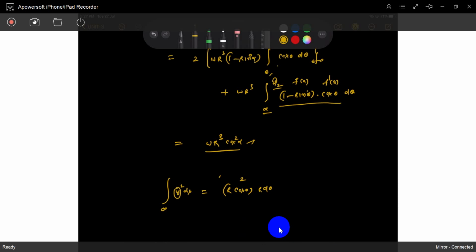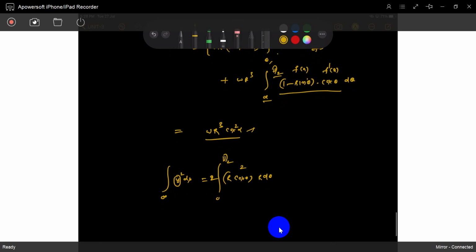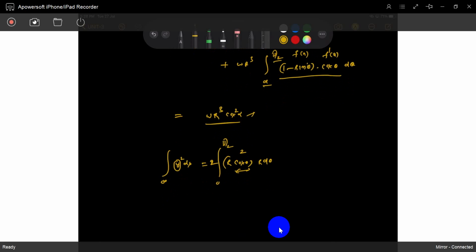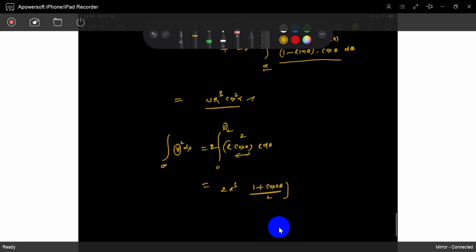Integration of 0 to pi by 2. So this is cos square theta. Previously we solved sin square theta, and in sin square theta we get pi by 4, but in cos square theta you won't get it directly. So you can write 2r cube cos square theta as 1 plus cos 2 theta by 2, 0 to pi by 2.